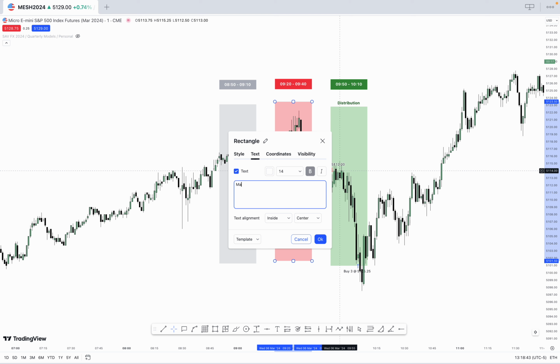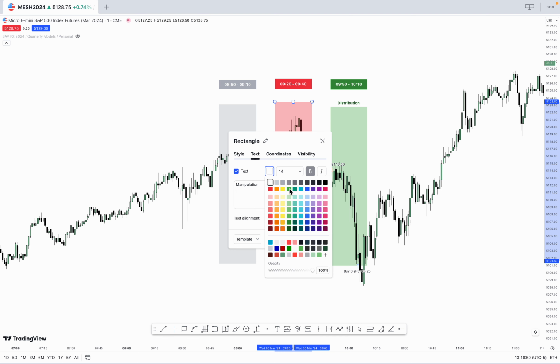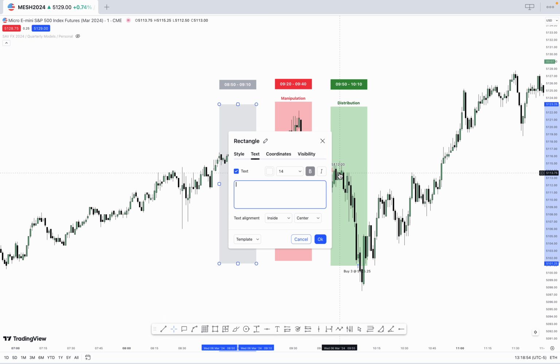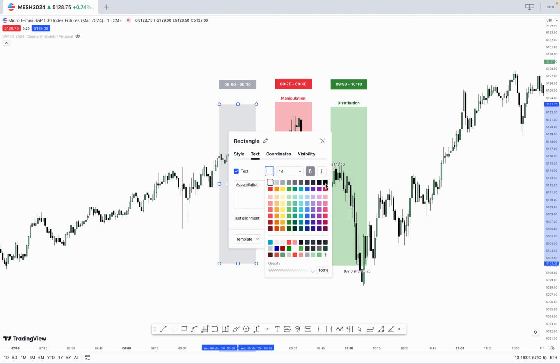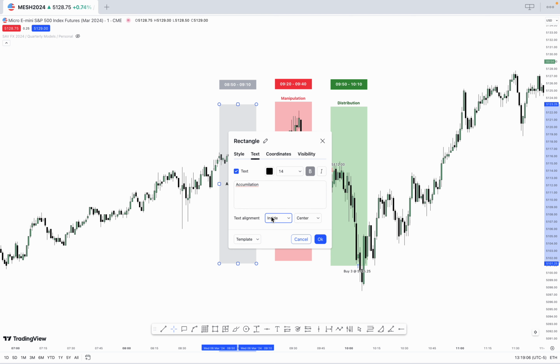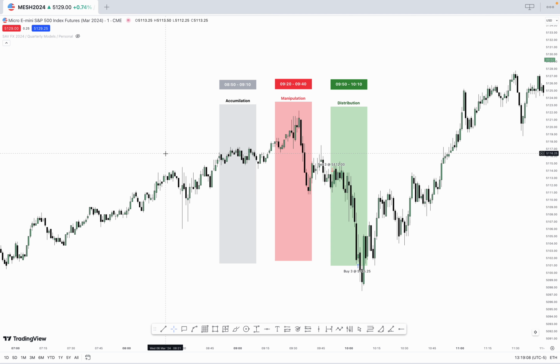Typing manipulation. Okay, type like that.